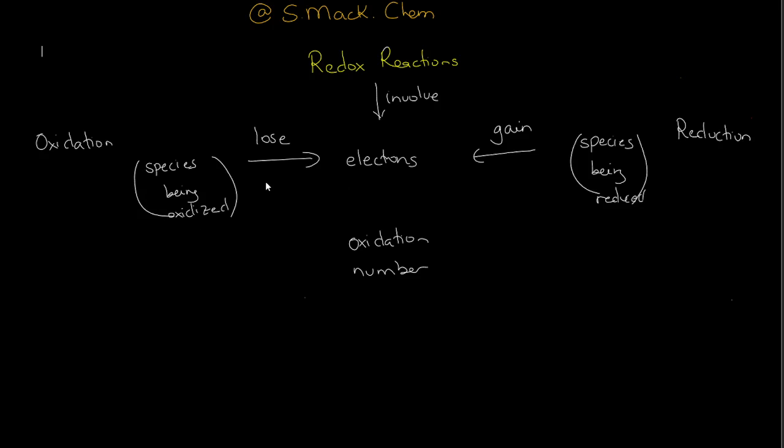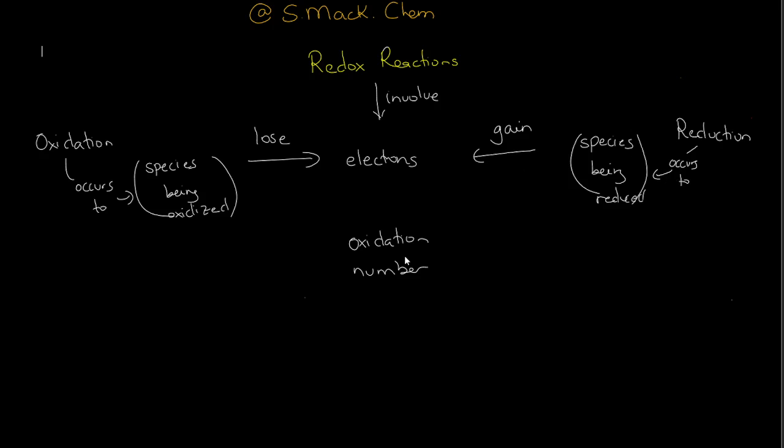All right, so to clarify, once again, oxidation occurs to the species being oxidized, which will lose electrons, and reduction occurs to the species being reduced, which will gain electrons.